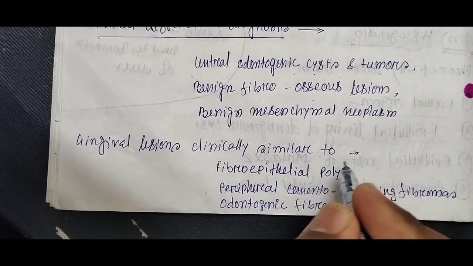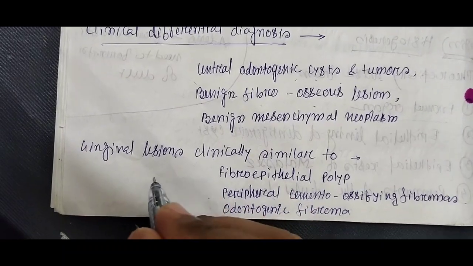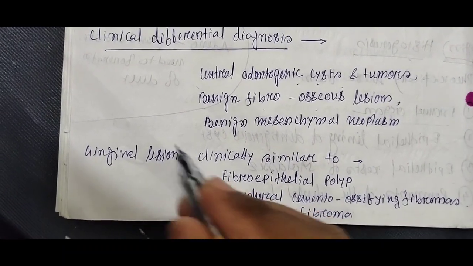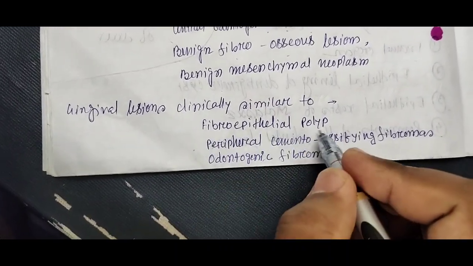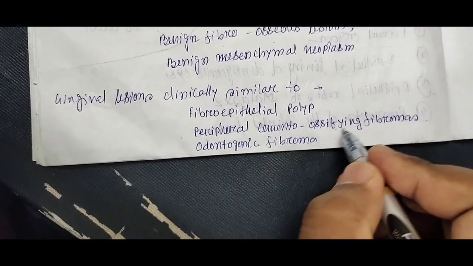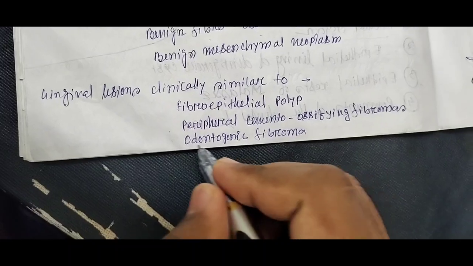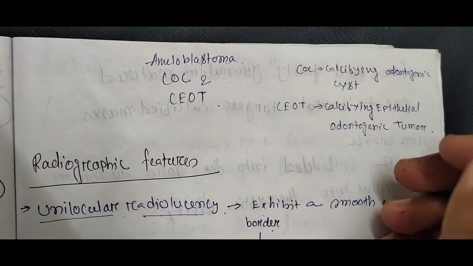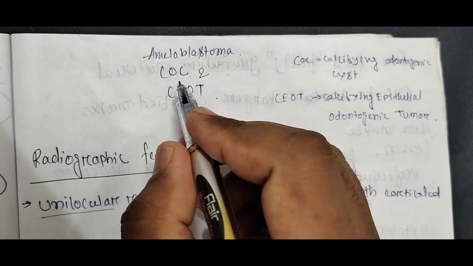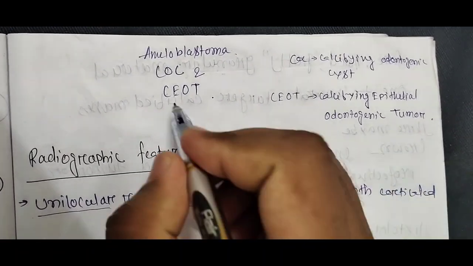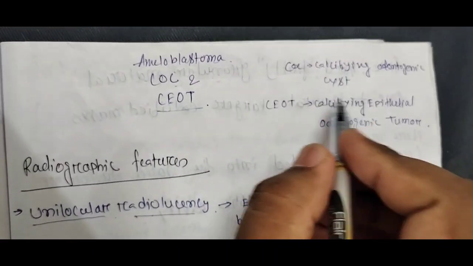Gingival lesions, that means the peripheral lesions of this tumor, are clinically similar to fibroepithelial polyp, peripheral cemento-ossifying fibroma, odontogenic fibroma, ameloblastoma, CEOT, that means calcifying epithelial odontogenic tumor, and COC, that means calcifying odontogenic cyst.